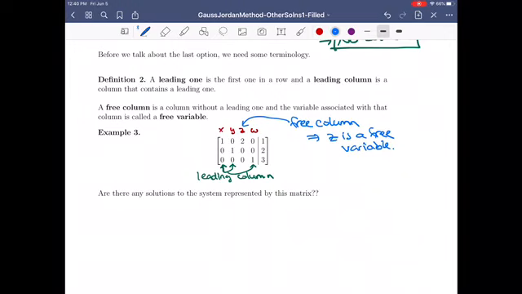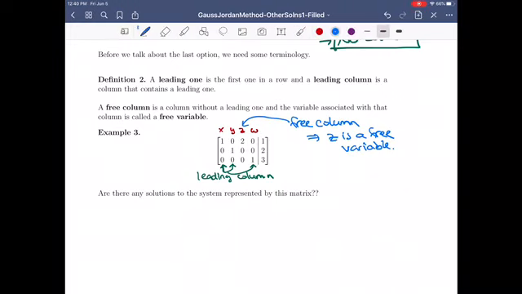Now we also see that there's no bad rows, so there's not all zeros and then a number that's not 0. And we're not in diagonal form, so there's not a unique solution. There's not no solution. So this is the type of thing you'll see if you get infinitely many solutions.